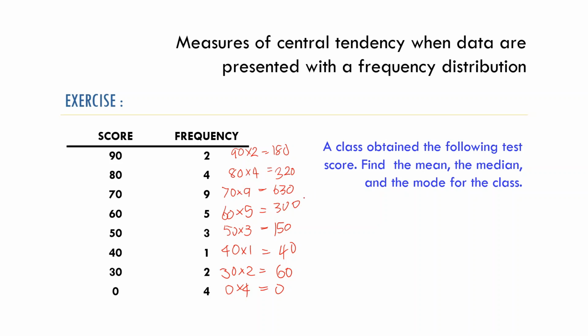Okay, now you combine, and I get 1680. And now you have to find the frequencies, and we forgot to find this out. The frequency is the number of people in the class, which in this case is a combination of these numbers, which in this case I get 30 people.